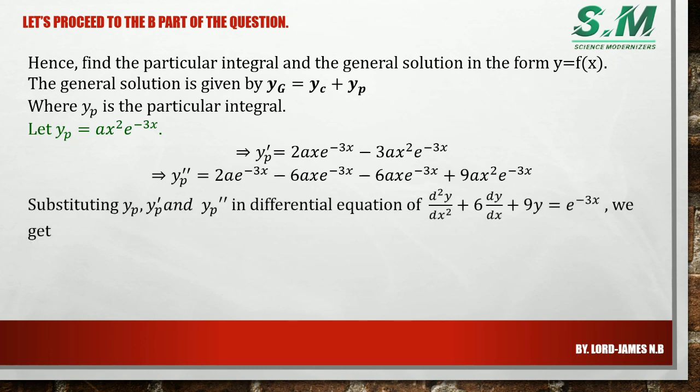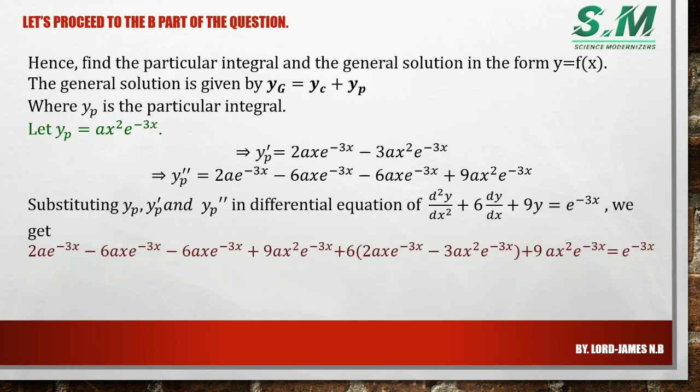And then if you substitute the values of yp double prime and yp prime in the differential equation, we get the second derivative plus 6 times the first derivative plus 9 times yp equal to e to the negative 3x. Then from there we have 2a minus 12ax plus 18ax squared plus 12ax minus 18ax squared equal to 1, cancelling e to the negative 3x since it's common everywhere in the equation.